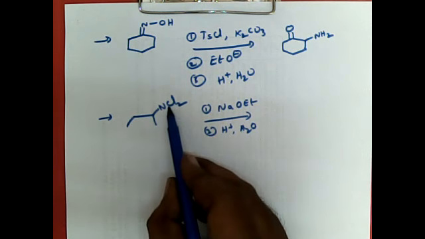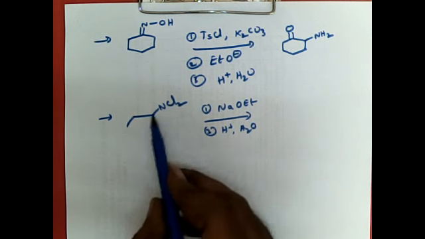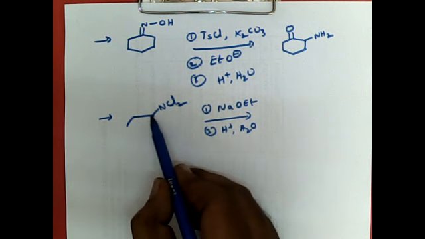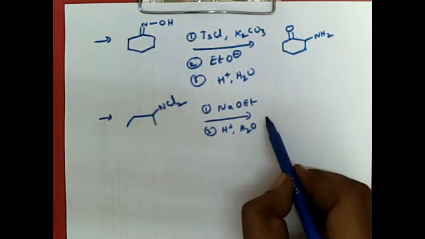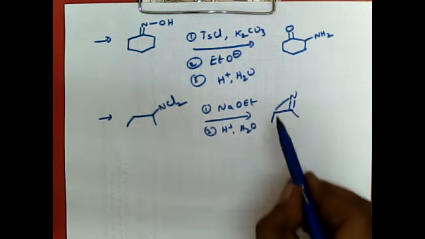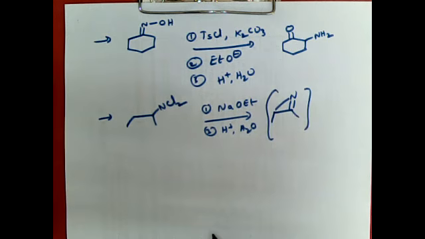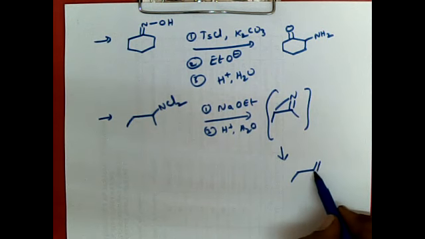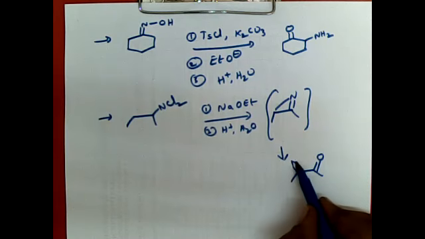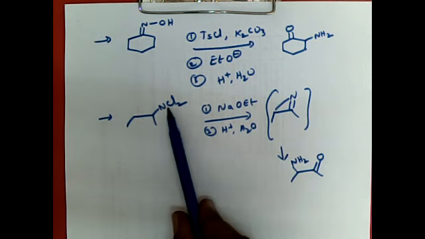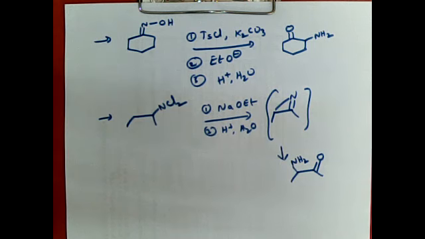We have two good leaving groups, so we can generate a negative charge here as well as here. So that generates an intermediate of this kind that upon hydrolysis will give the final product. Okay, so when we have good leaving groups on nitrogen, we can perform this Neber rearrangement.